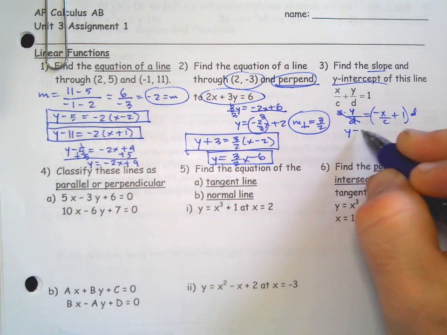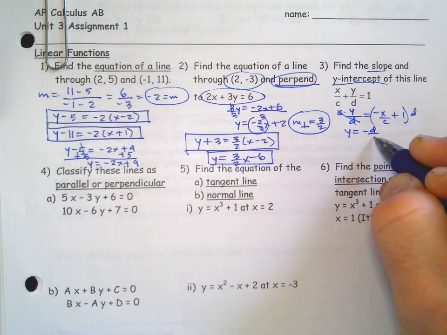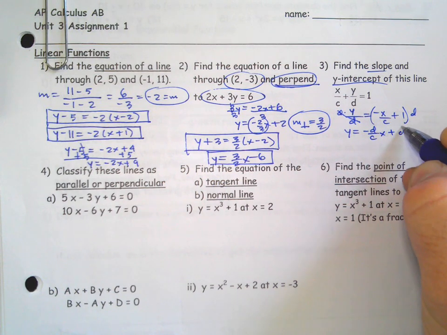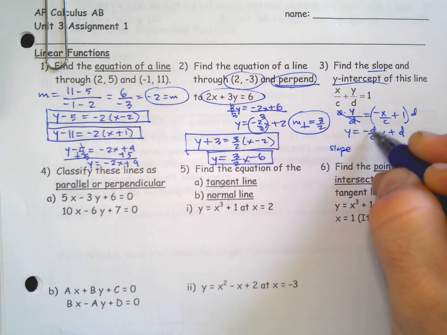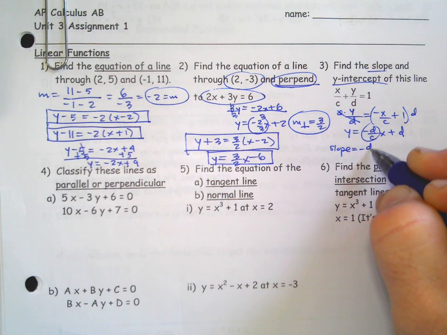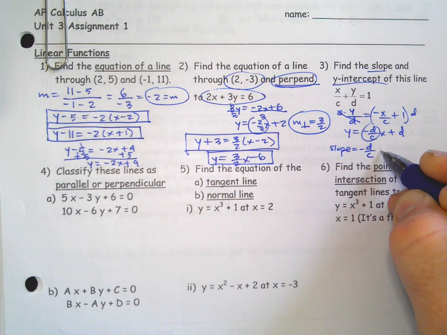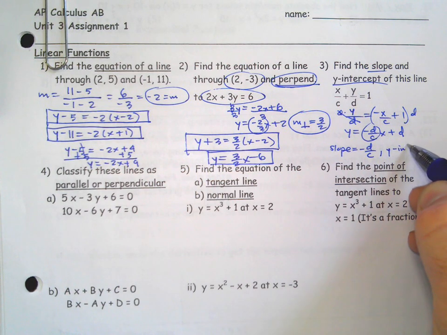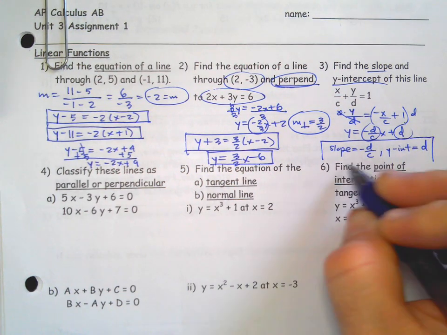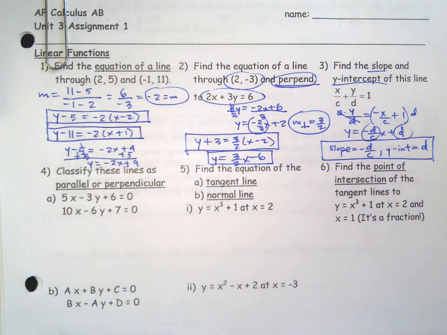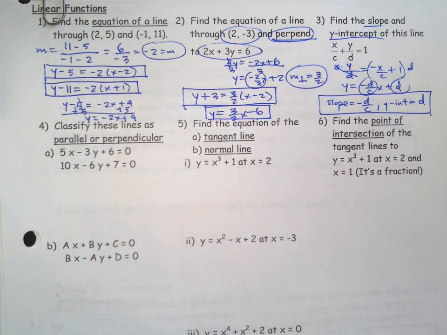And so we get y equals negative d over c times x plus d. So the slope is right here, negative d over c. And conveniently, the y-intercept is right here. So there's an example of changing it to slope-intercept form and it being useful for something else.